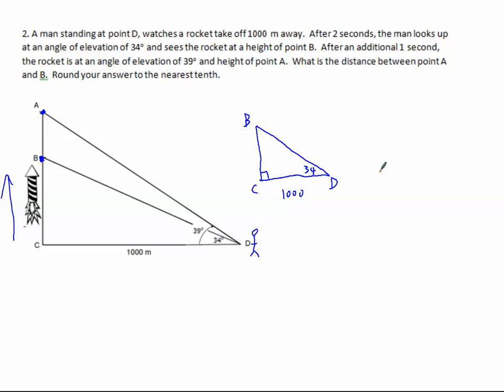I'm going to do this in a different color. So C and D, 39 degrees, and point A. This problem, if you can read right here, is talking all about this rocket, blah, blah, blah. But what it cares about is the distance between point A and point B. We want this piece.